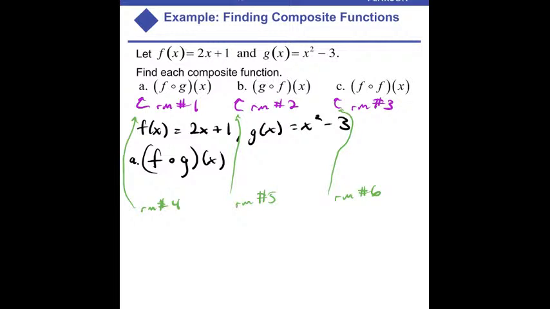So it's going to be (2x plus 1) squared minus 3. Be sure to use your parentheses properly. It just goes around 2x plus 1. You might have to FOIL, right? So, kind of think about it for a moment. Let me hop to the next class, and we'll talk about it in a moment.